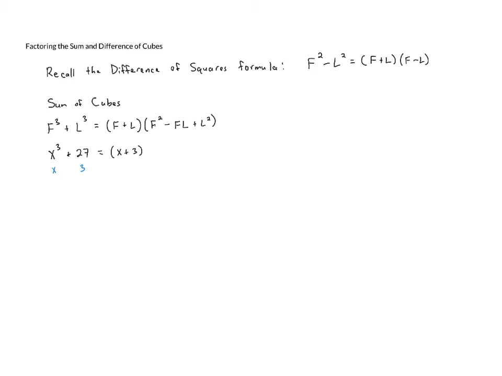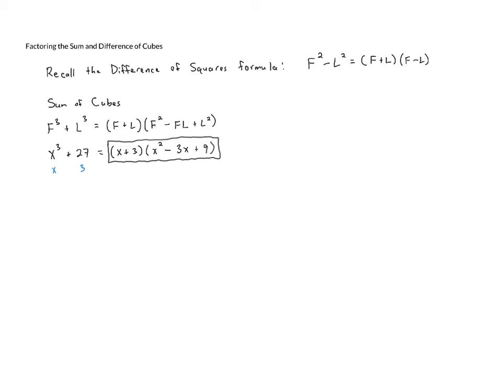We take the sum of those two quantities, and then we've got to take the first one squared, so that's going to be x squared, minus the product of those two. X times 3 is 3x, so we have minus 3x, and then plus the last one squared. 3 squared is 9. And so the factorization is x plus 3 times the quantity x squared minus 3x plus 9.